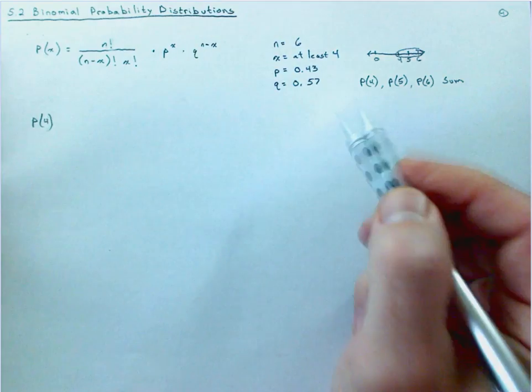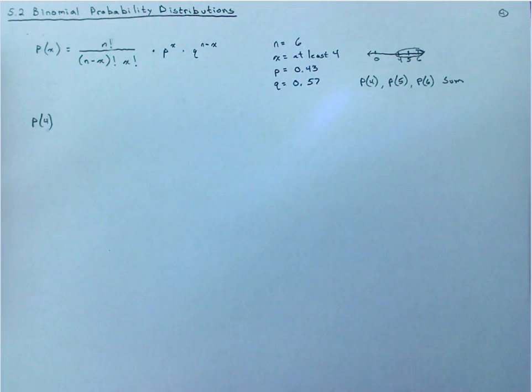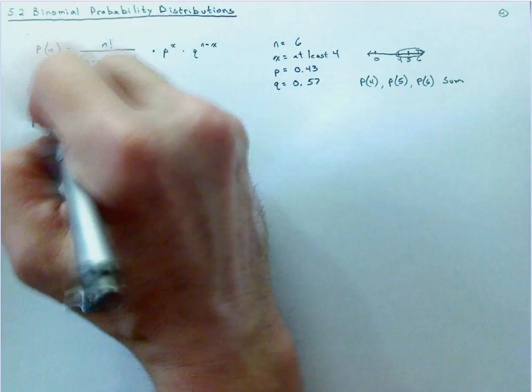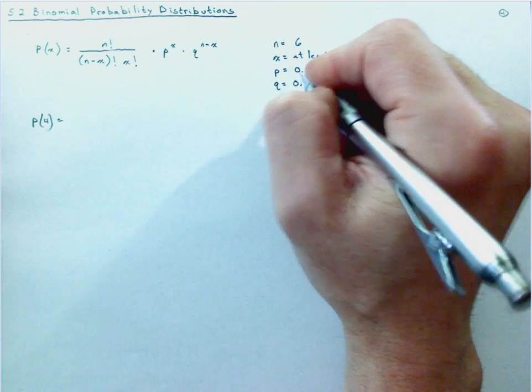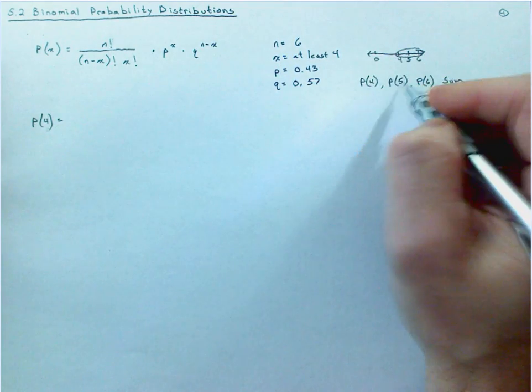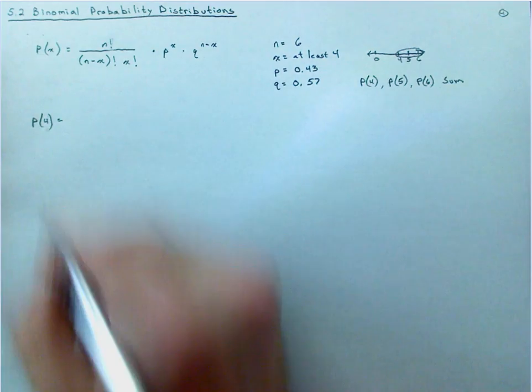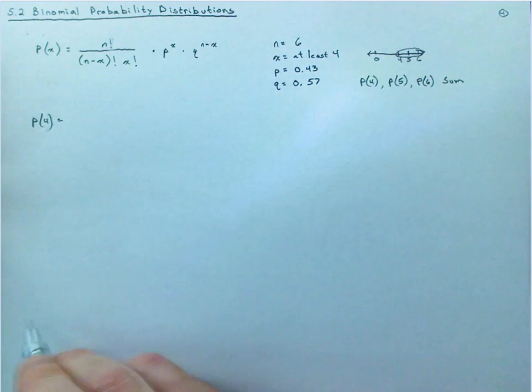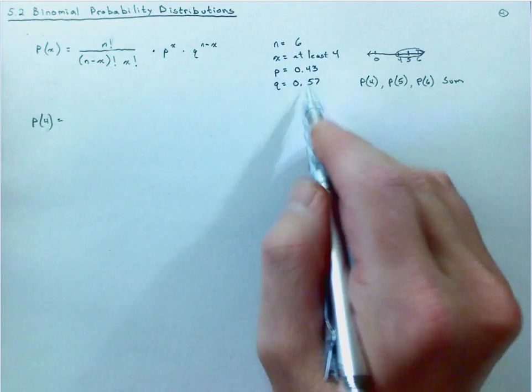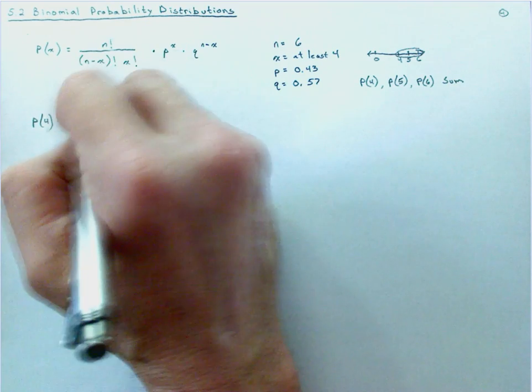Now all this is, you can just call it plug and chug. I'm going to plug in my values. X turns into 4, 5, and 6, so we're going to work 3 problems: probability 4, probability 5, probability 6.